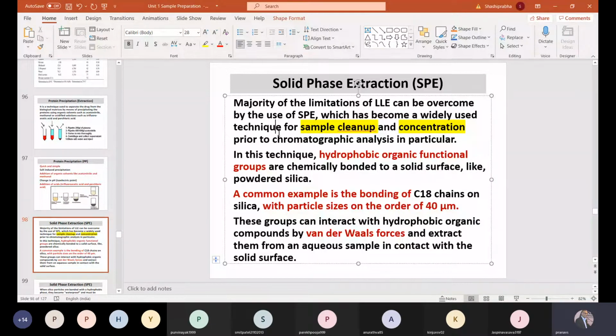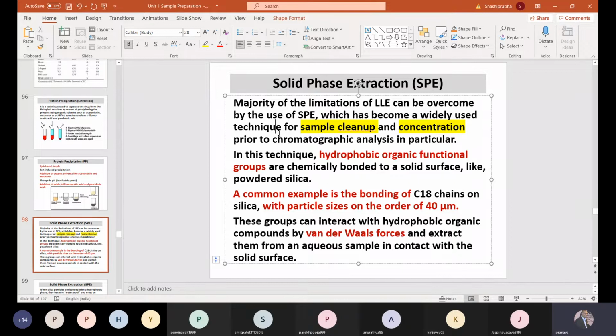If you look at the structure of silica, it is a three-dimensional structure with free silanol groups. Silanol groups are SiOH.